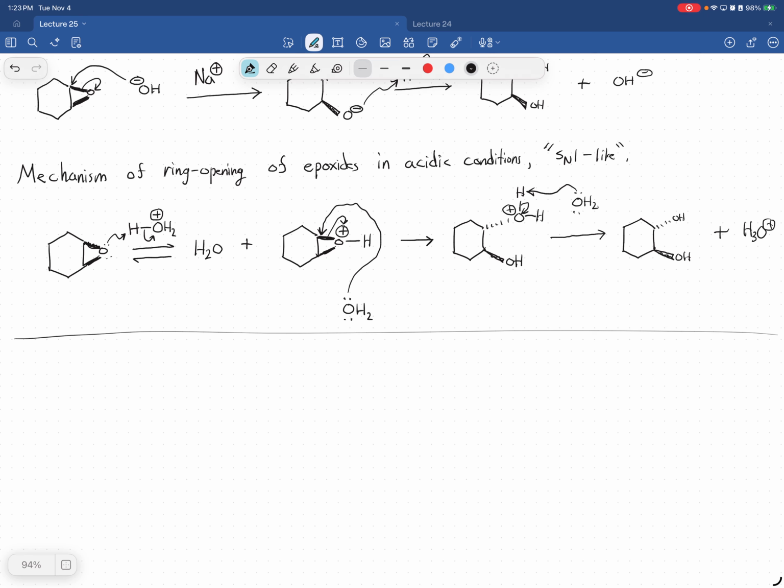So, our last topic for ethers here, regioselectivity. What do you think regio means? Regional, okay. Like the region, like the area around something. So it goes to a specific side.